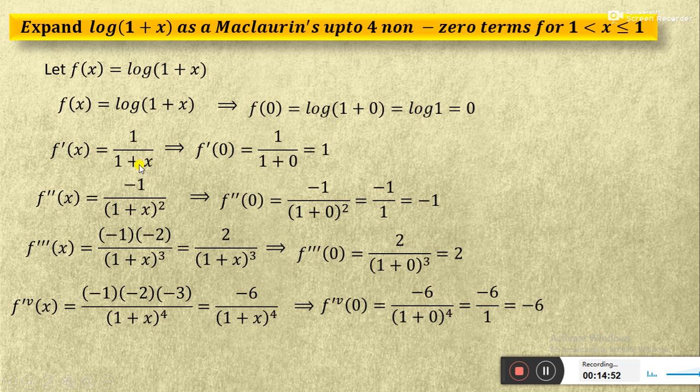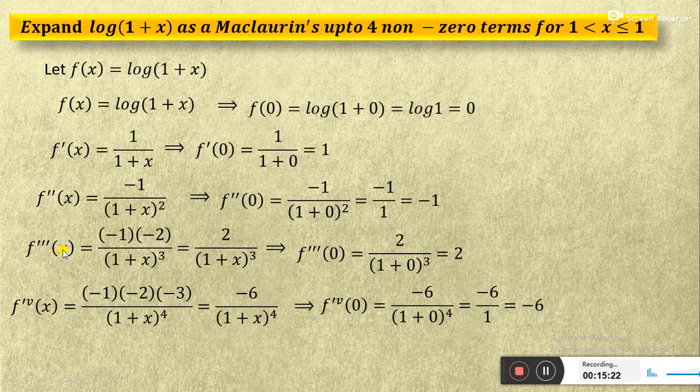Next I differentiate the 1 plus x. The differentiation of 1 plus x is 1, so the differentiation of 1 by 1 plus x is minus 1 by 1 plus x whole square. Next I calculate f double dash of 0, so I substitute x equal to 0. f double dash of 0 equals minus 1 by 1 plus 0 whole square, so minus 1. So f double dash of 0 equals minus 1.